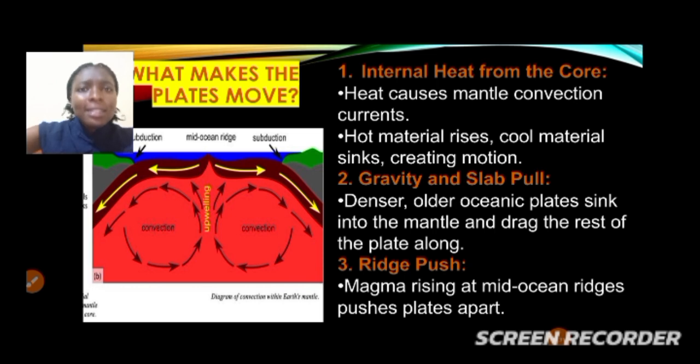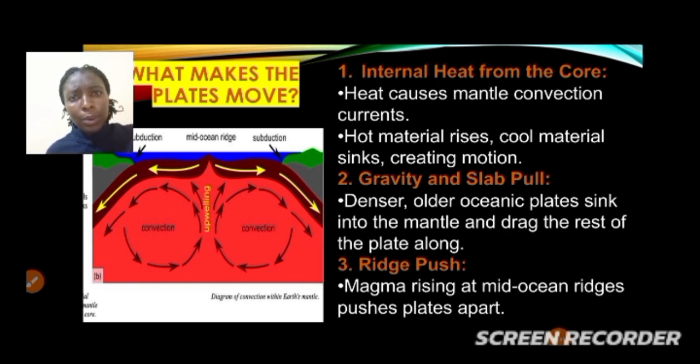A good example of the internal heat from the core can be the boiling of porridge. You can see how porridge boils. The hotter material rises while the cooler one sinks. You can see the bubbles, how it rotates. The hotter ones come upward while the cooler ones go down.